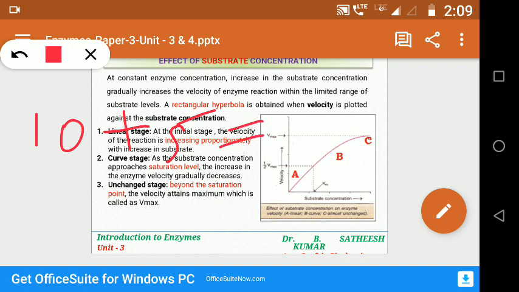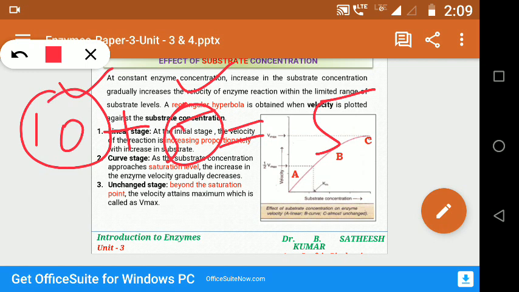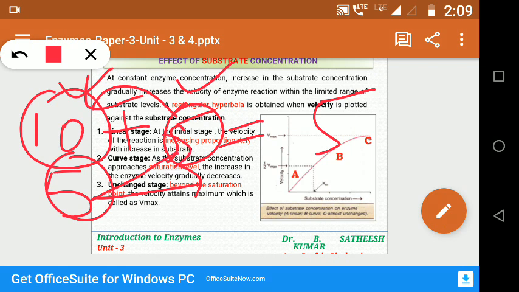Within 1 second, these 10 enzymes will convert these 5 substrates to 5 products only. So that means we have excess enzyme and less substrate. The enzyme is not completely saturated by the substrate. Half of the enzyme, that means 5 enzyme molecules, are still free, and only 5 are engaged in the enzymatic reaction.